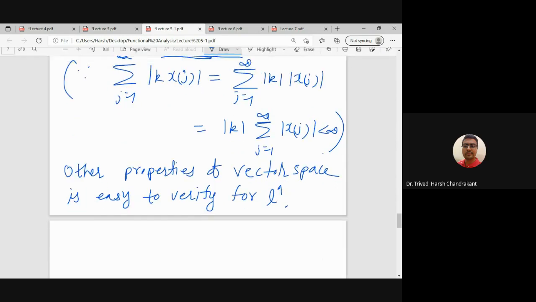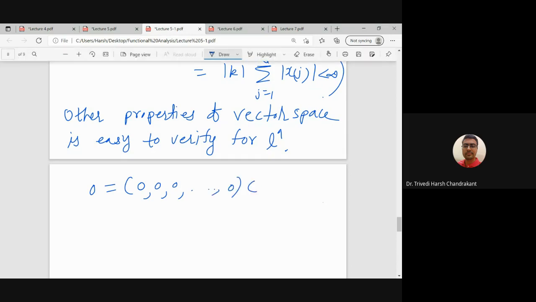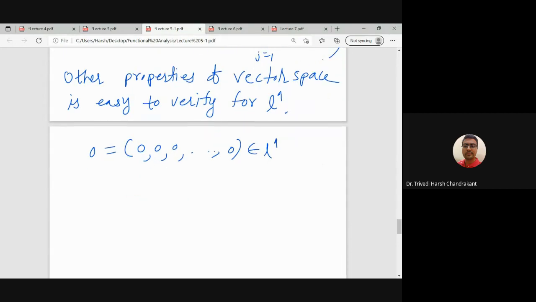Okay, so for example, what is the zero element? The zero element is the sequence where all the elements are zero. That is also in L1, because if we add the modulus of all these coordinates, it is zero. So therefore, it is in L1.